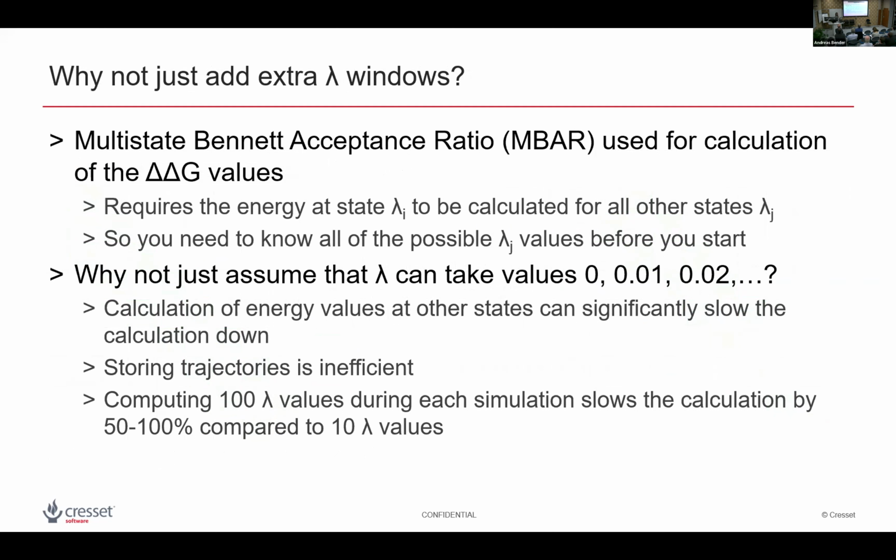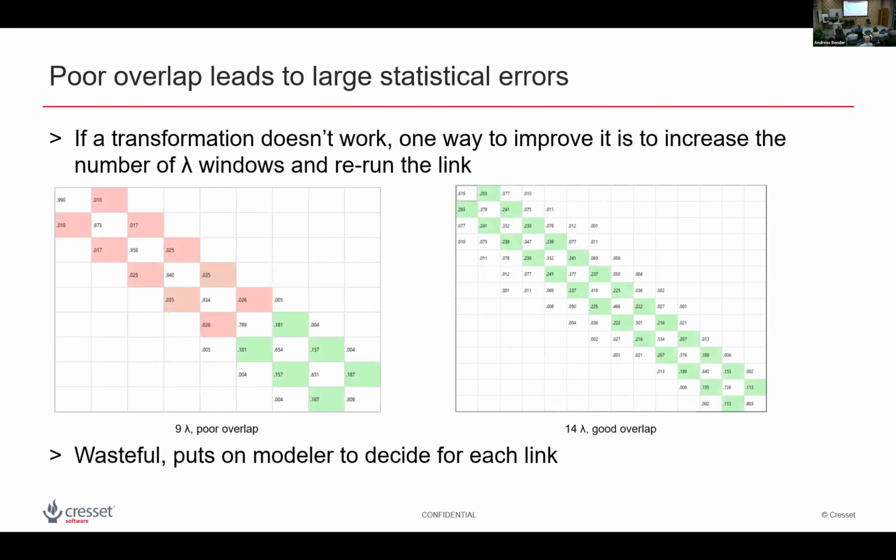So I need to know all the values that lambda takes before I start. So for example, if I am at lambda 0, then I'm going to calculate the energy at every snapshot for lambda 0, lambda 1 equals 0.1, 0.2, and so on until 1. So I need to know beforehand all the values that lambda is going to take.